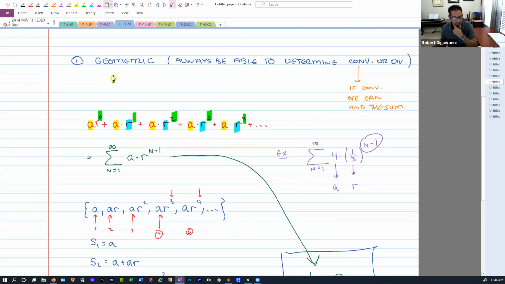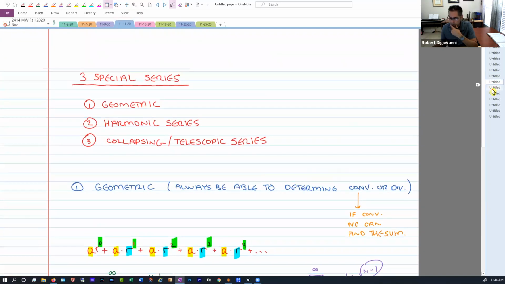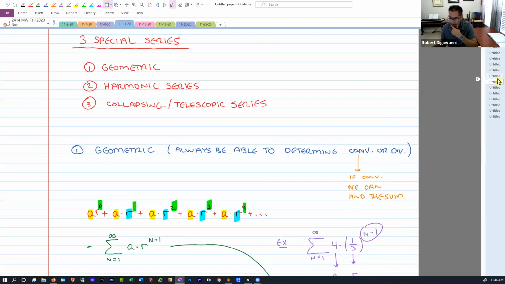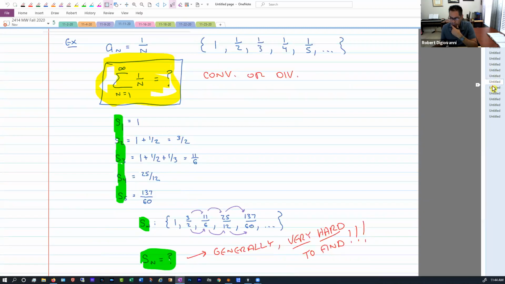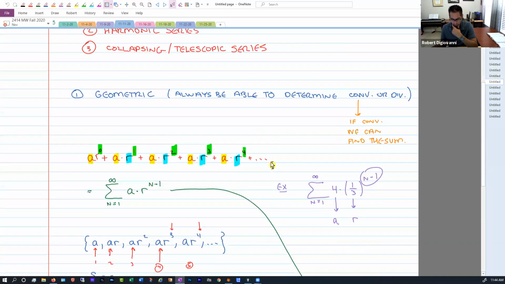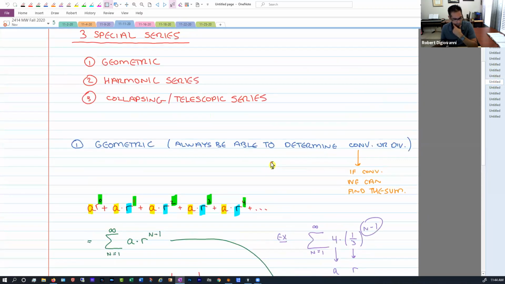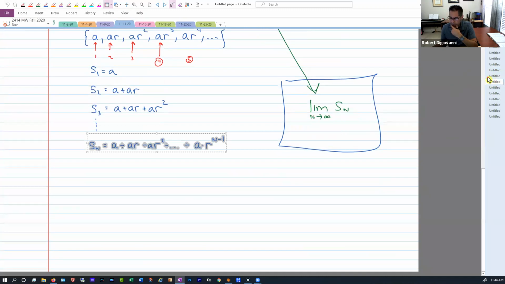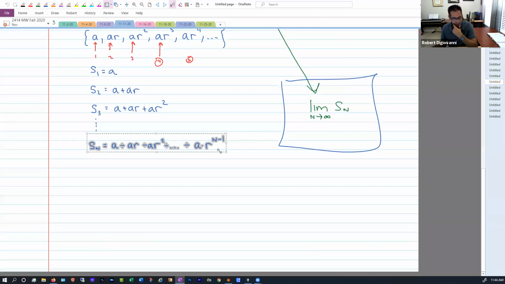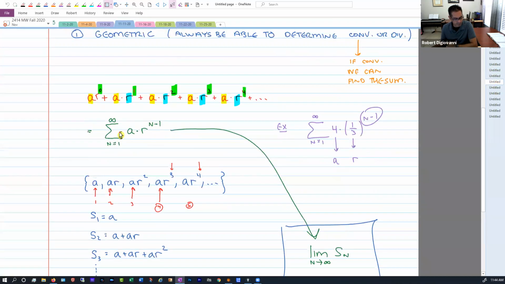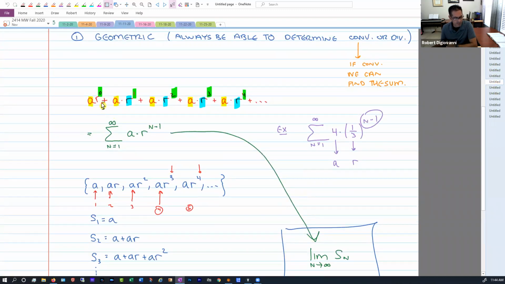We said the form of a geometric series is... I feel like I talked about it before this, no? Hold on. Yeah, this was me proving it. Yeah, so this was it. So a geometric series looks like this.